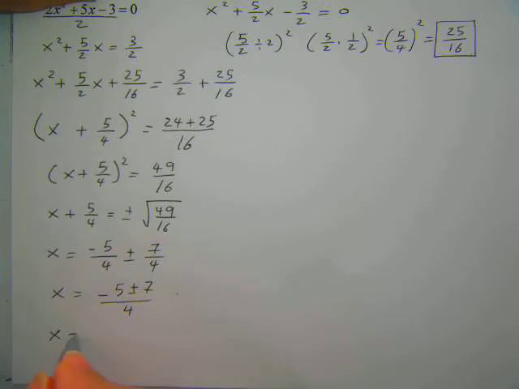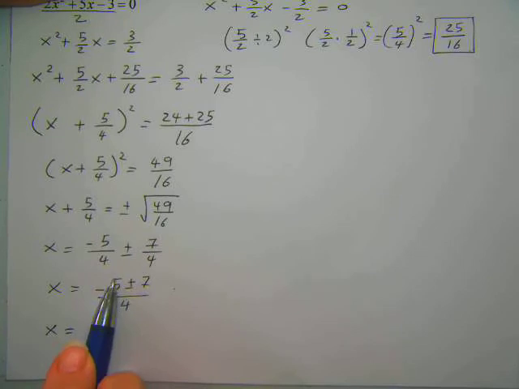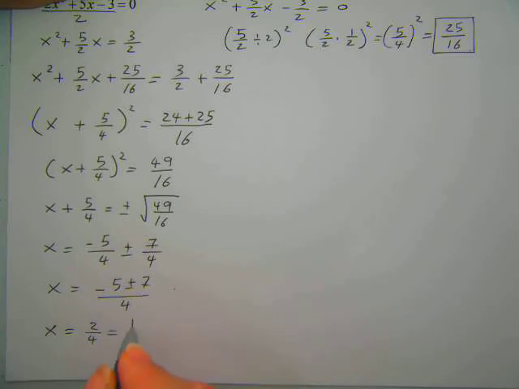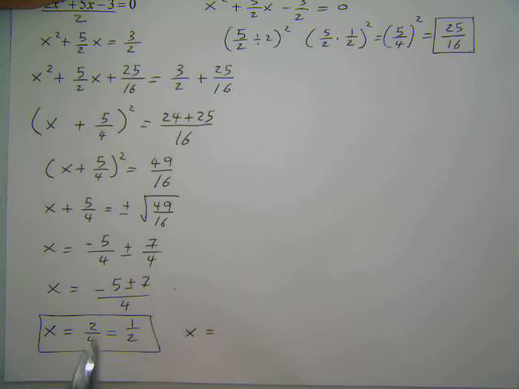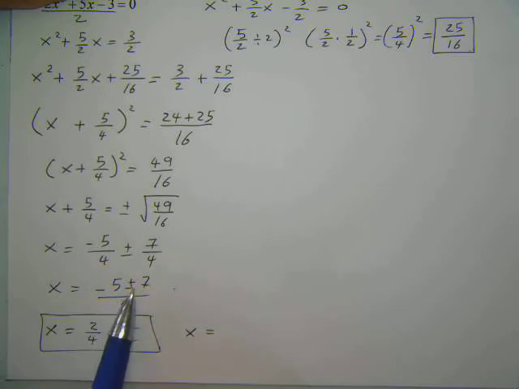So either x is equal to negative 5 plus 7, which is 2 over 4 or 1/2, or x is equal to, now we subtract, negative 5 minus 7.